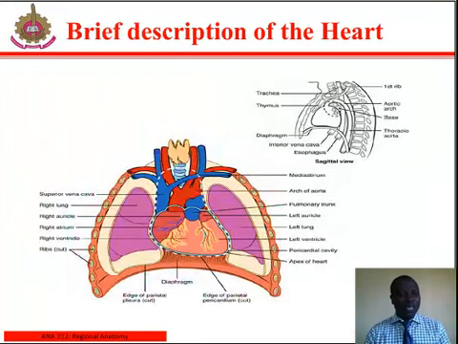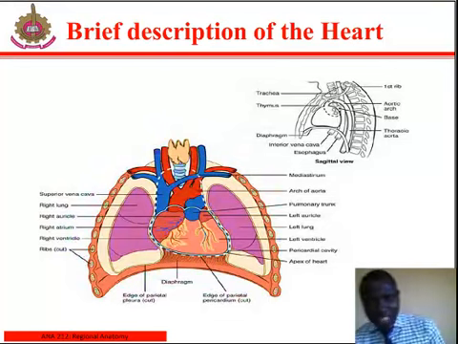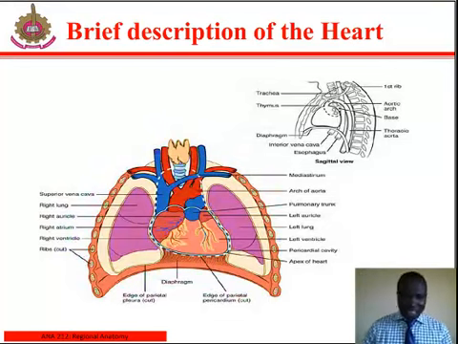Let's start with a brief description of the heart. The human heart is located within the thoracic cavity, medially between the lungs in the space known as the mediastinum. As you can see on the slide, that is the mediastinum.